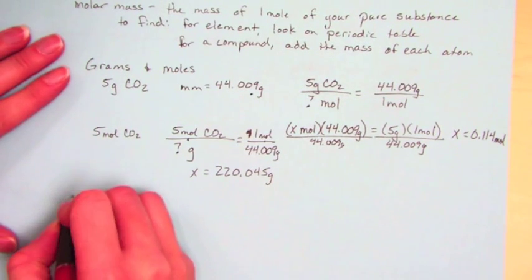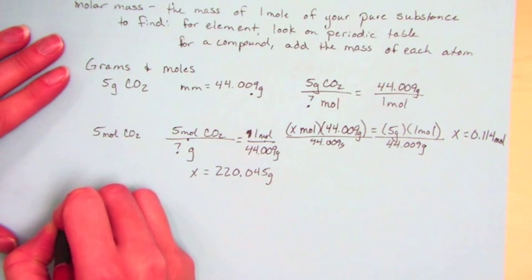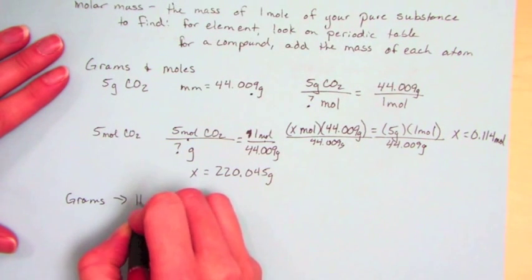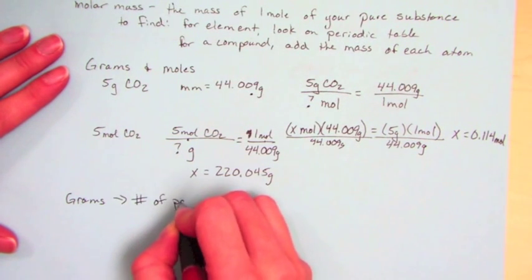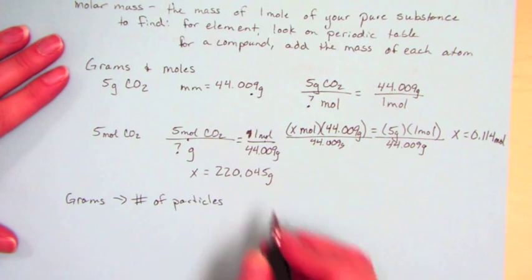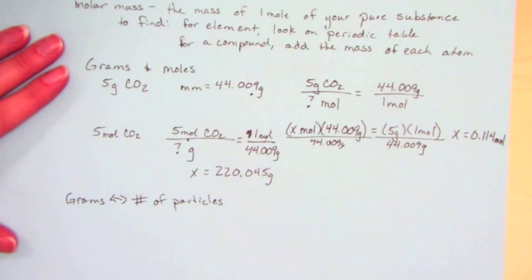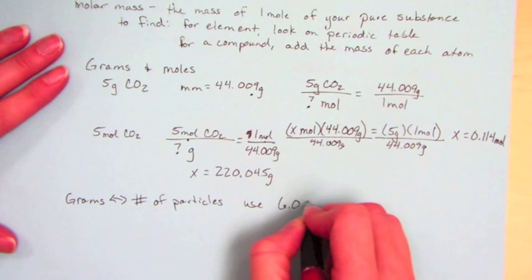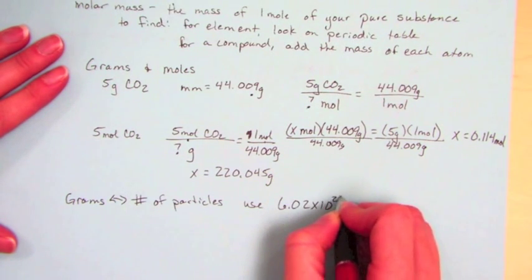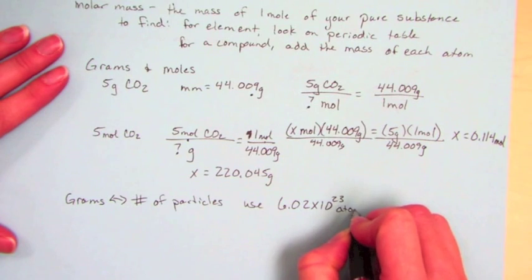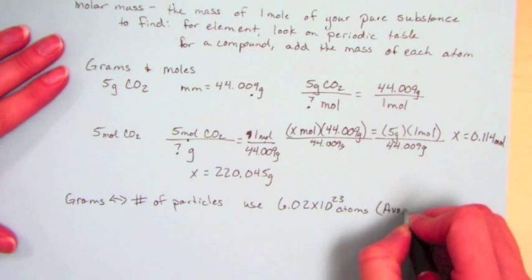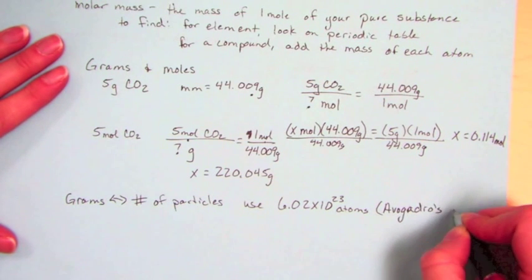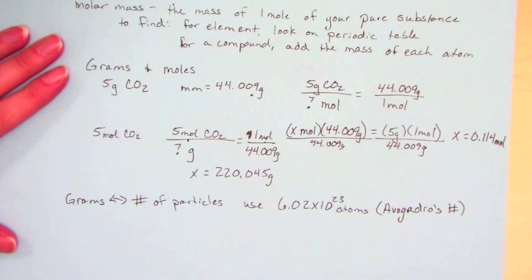So if we're going grams to number of particles, or the other way, number of particles to grams, we will use 6.02 times 10 to the 23rd atoms, or Avogadro's number.